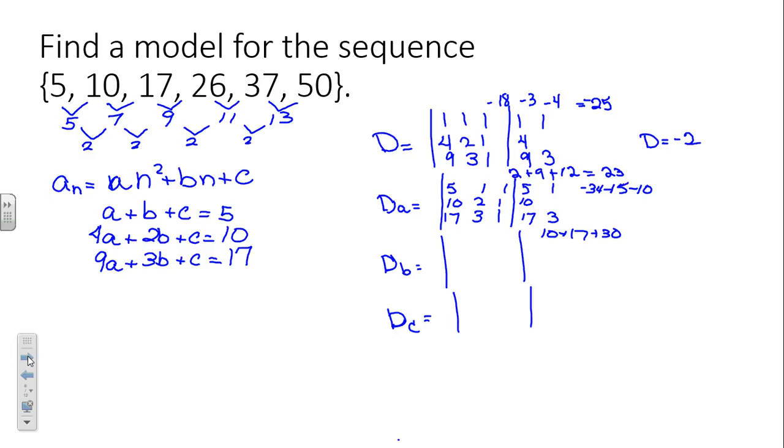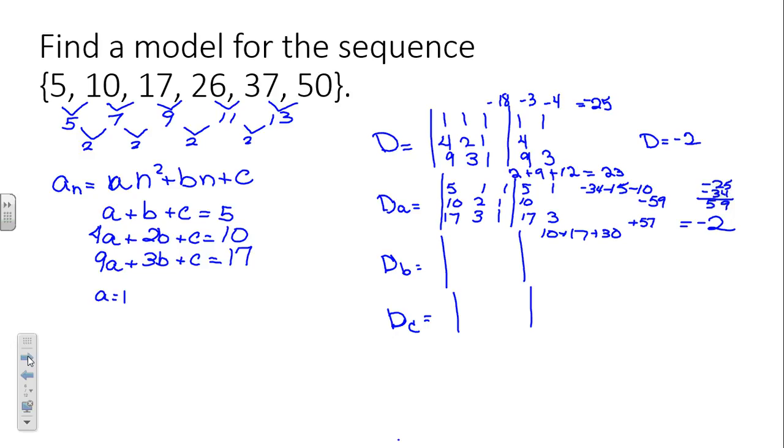So diagonal up, we're going to have a negative 59, and downward 40, 57, positive 57, so a negative 2. Okay, so for our A, we're taking negative 2 divided by negative 2, so we get 1.